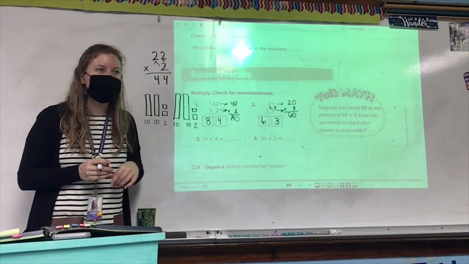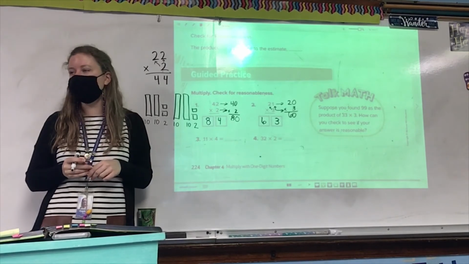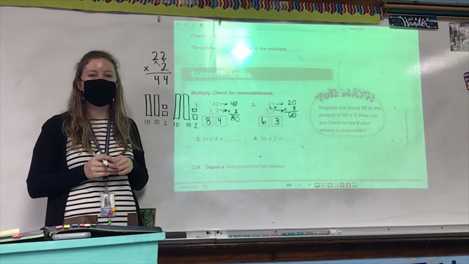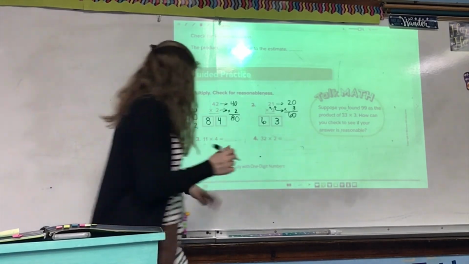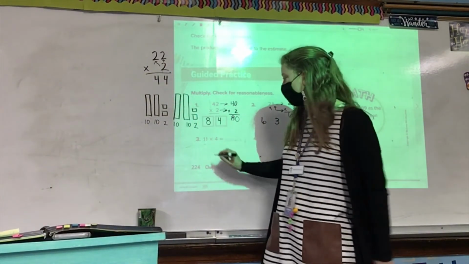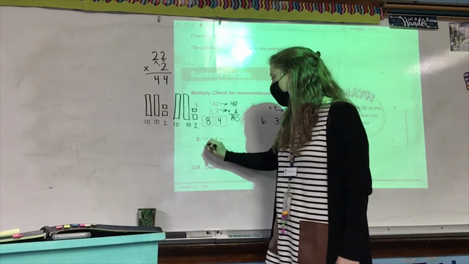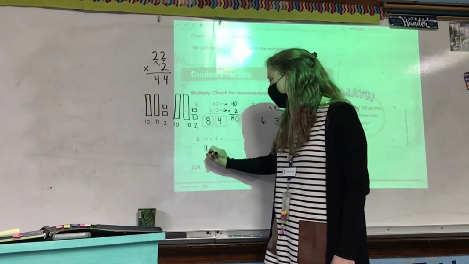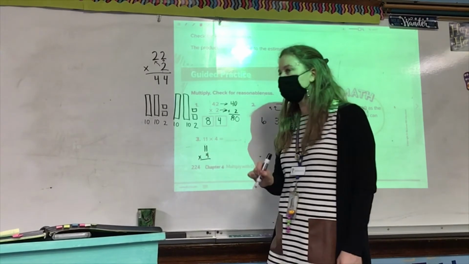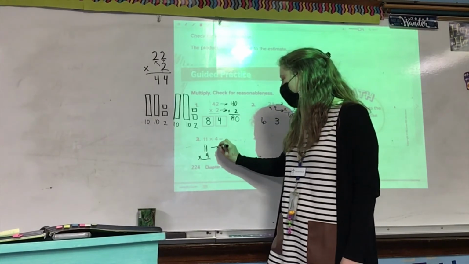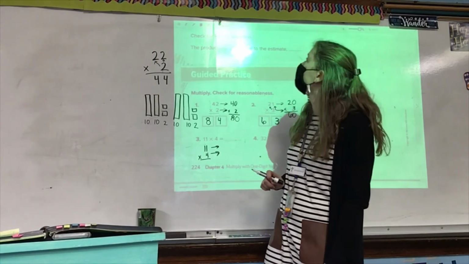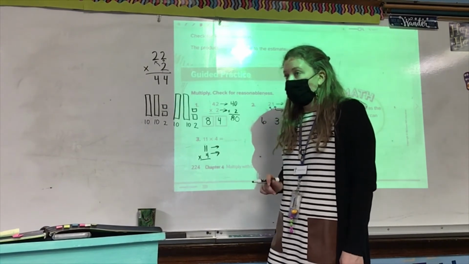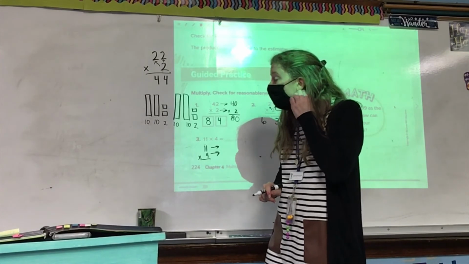Okay, number 3, 11 times 4. Well, that's sideways. Just like addition and subtraction, should we solve a multiplication problem sideways like this, Victoria? No, so what should we do first? We write it up and down, making sure that the ones place lines up. Okay, well first, since we're checking for reasonableness using estimation, what should we do? Estimate.